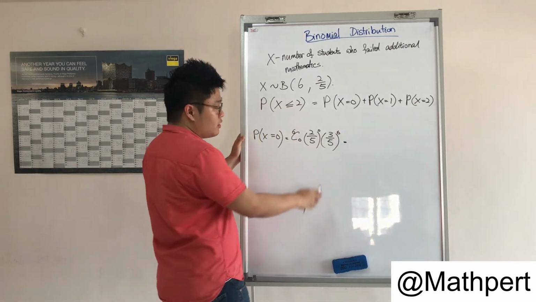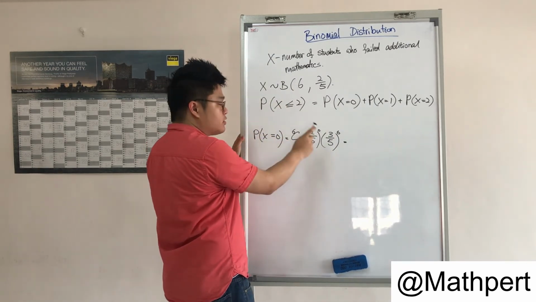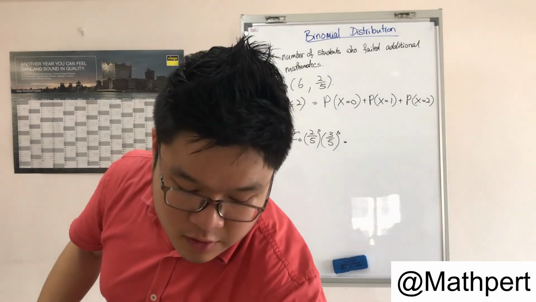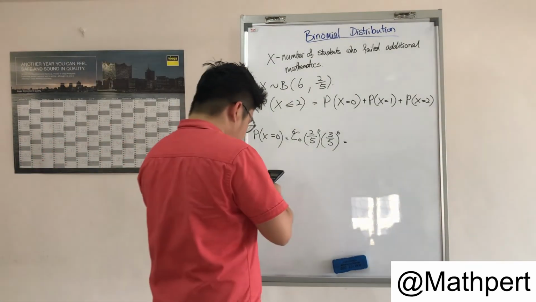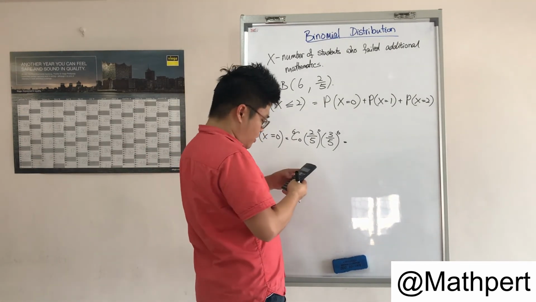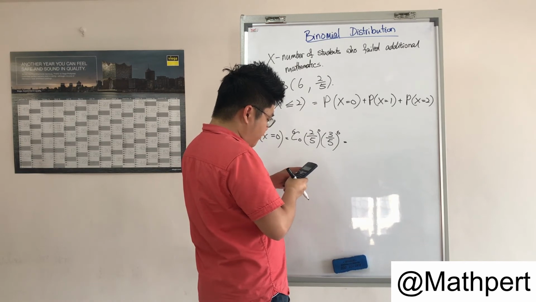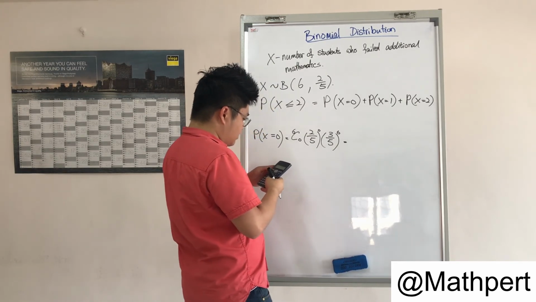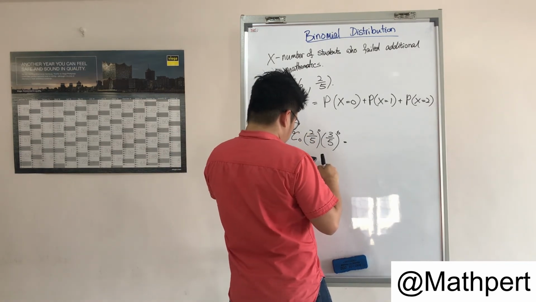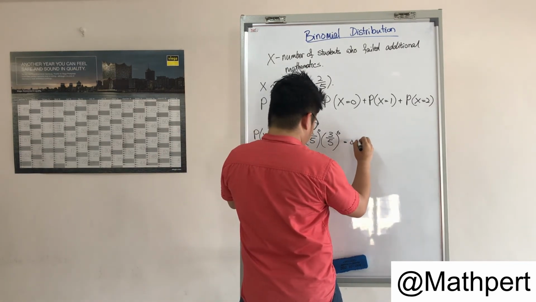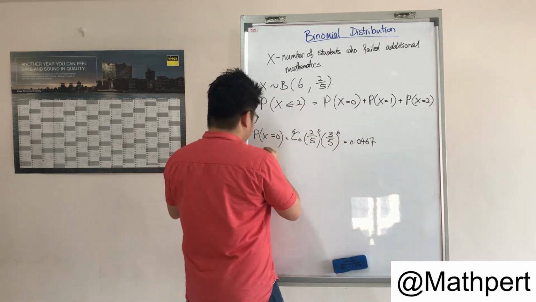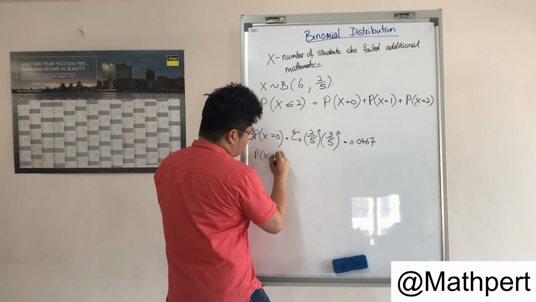This is how we get 3/5: 1 minus 2/5. 6C0 is 1, and the 2/5 power 0 is 1. 3/5 power 6 is 0.0467.